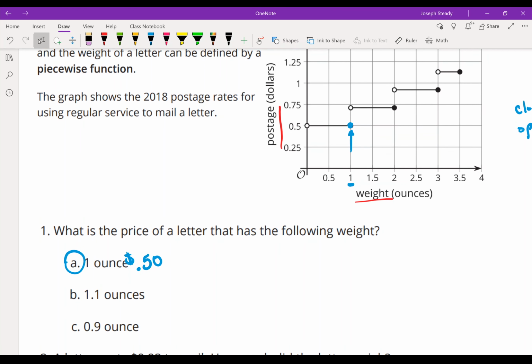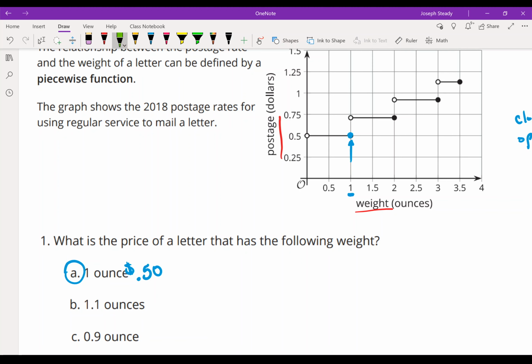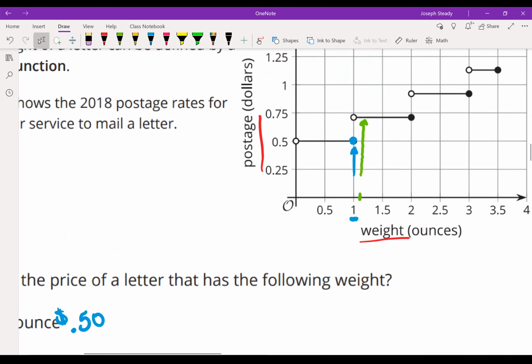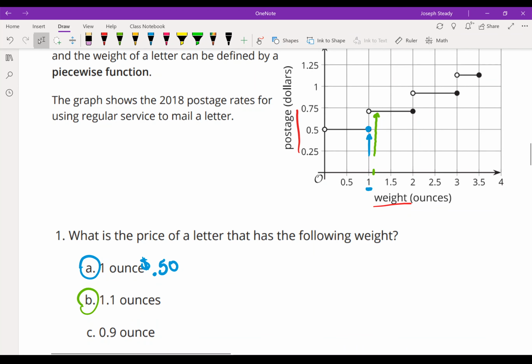Now if it weighs 1.1 ounce, I'm going to use a slightly different color here. 1.1 is right around in here. So I'll trace my arrow up, and look, 1.1 ounce hits very clearly on this line here, which seems to be about maybe 72 cents or so.